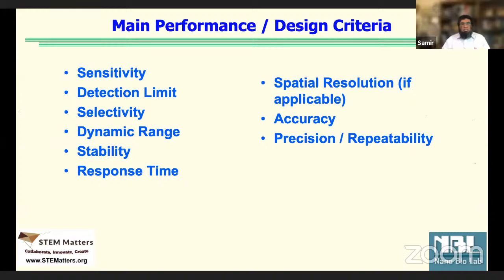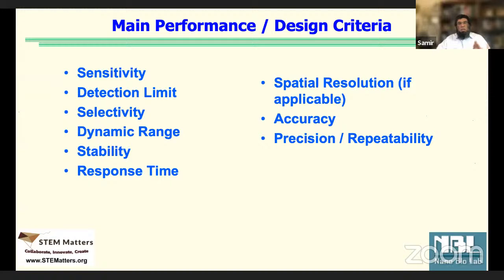So sensitivity, detection limit, selectivity, dynamic range, stability, response time, spatial resolution in space, how often can we take the data, accuracy and precision or repeatability. These are very important aspects of a sensor.